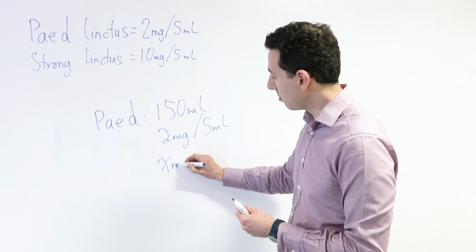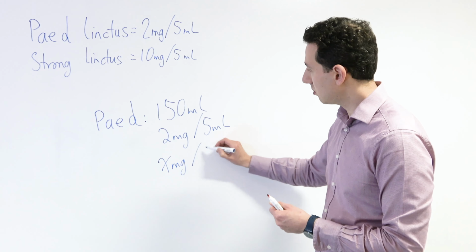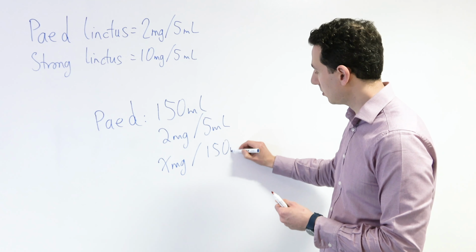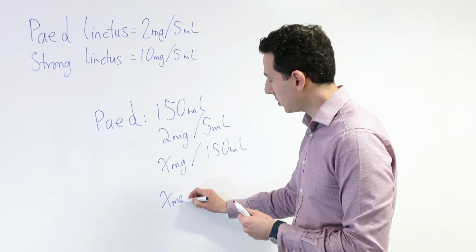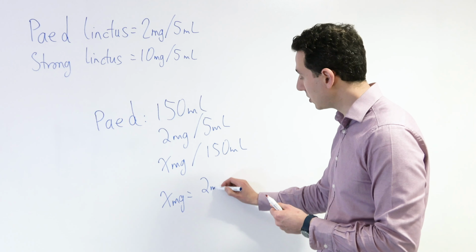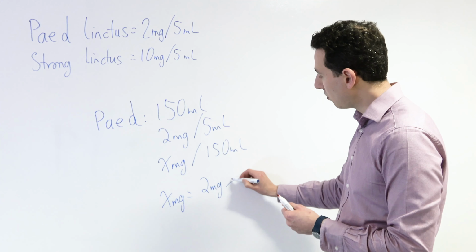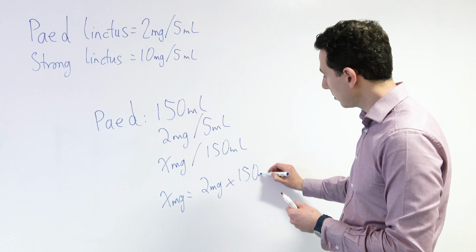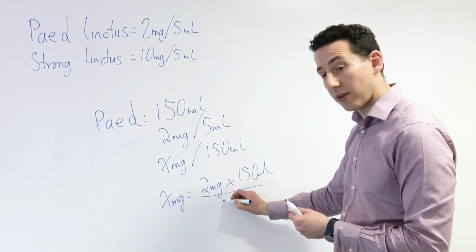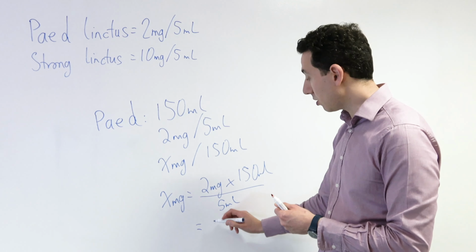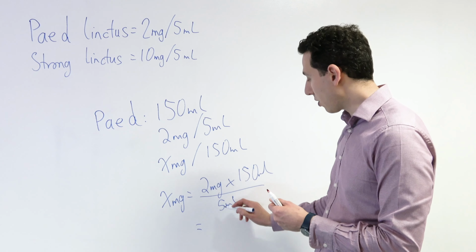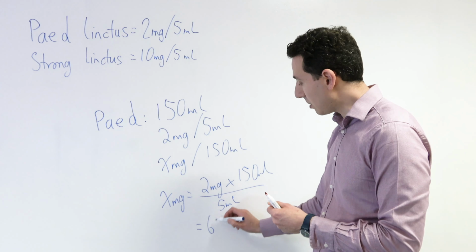So X milligrams in 150 ml. When we cross multiply, X milligrams equals the 2 milligrams times the 150 divided by 5 ml, that gives us 300 divided by 5, which is 60 milligrams.